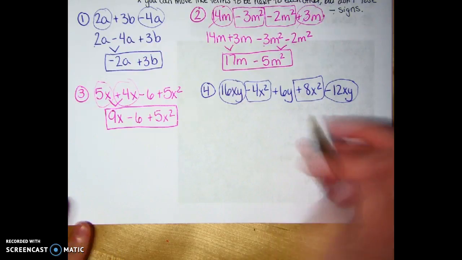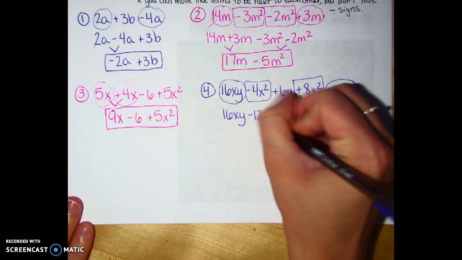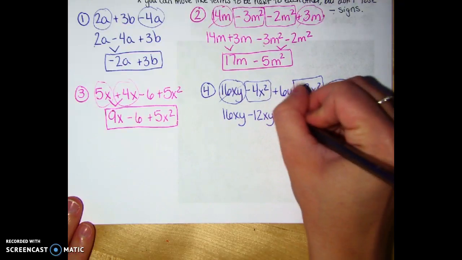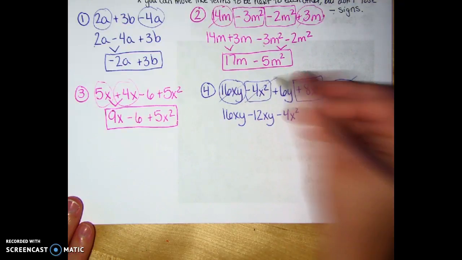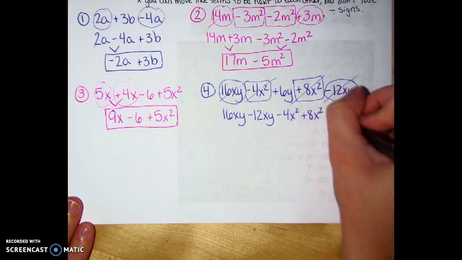Let me rewrite it. I'm going to put 16xy minus 12xy. So I put those two in there. Negative 4x squared plus 8x squared plus 6y.